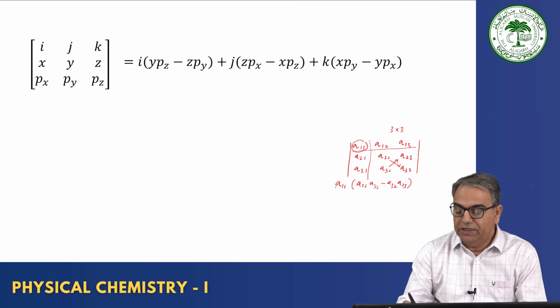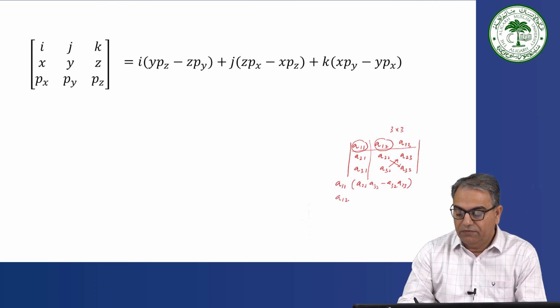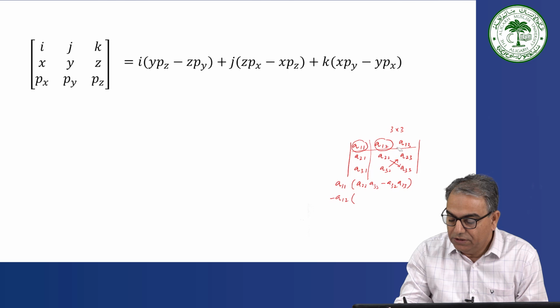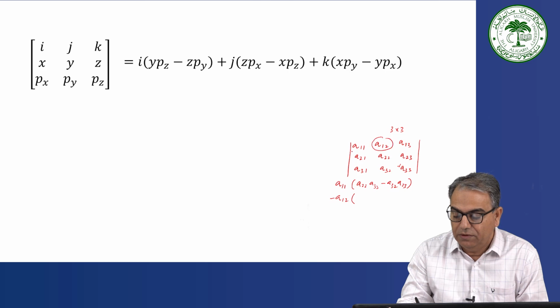Then you take the second term, A12, with a minus sign, and what you do is you take this one and you neglect this first row and neglect this column.